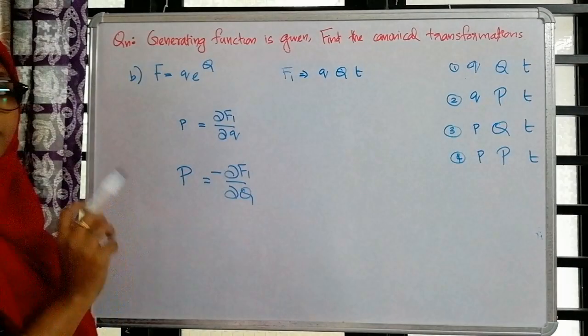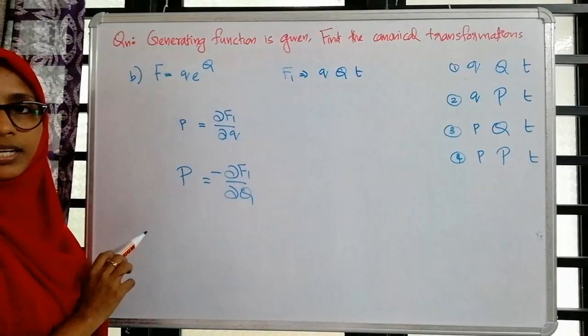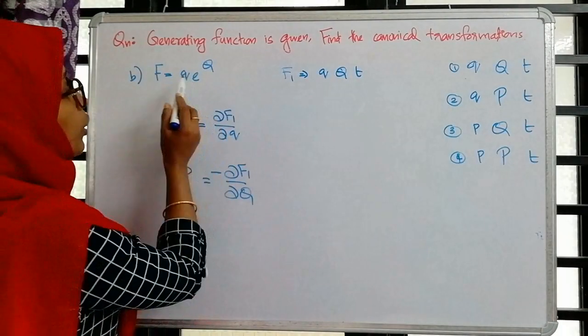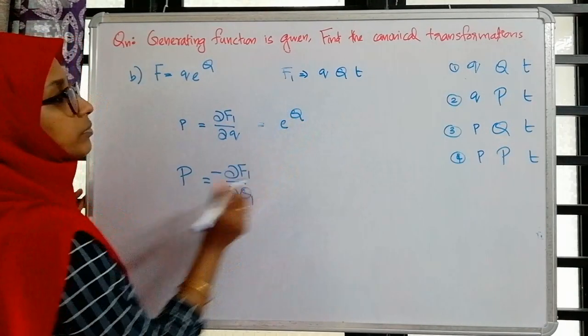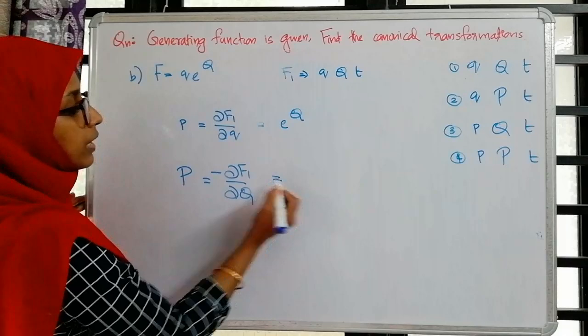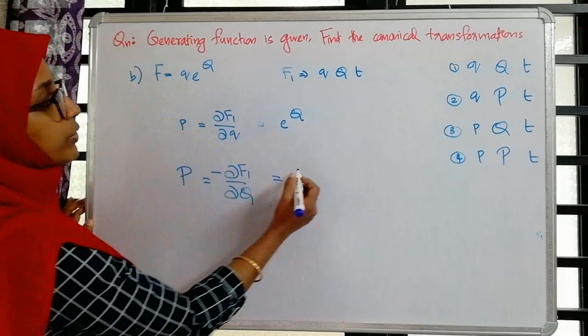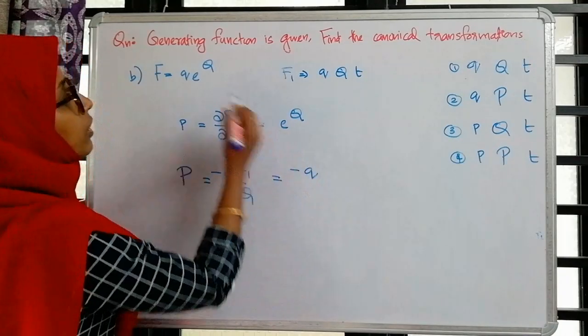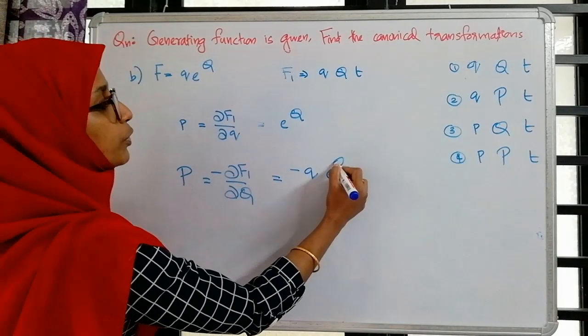Here we know small q and capital P will be having only negative signs. So ∂F1/∂q is equal to simply e raised to Q. And also here it will be minus of ∂F1/∂Q, which is minus of q ∂e raised to Q by ∂Q, which is equal to e raised to Q itself.